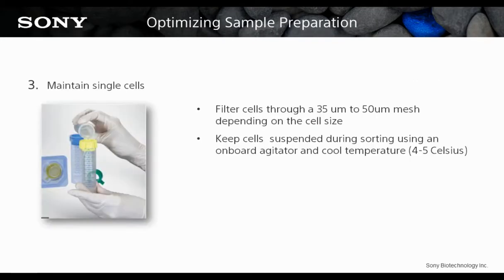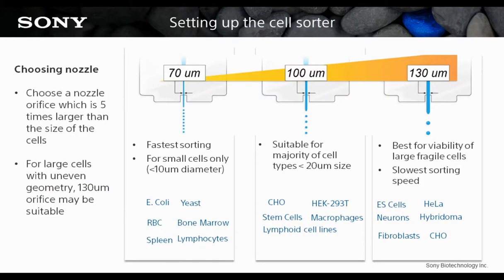In the last step, in optimizing the sample prep, keeping the cells in a single cell suspension is important. This is done by filtering them and keeping them cold both before the sort and then throughout the sorting process.